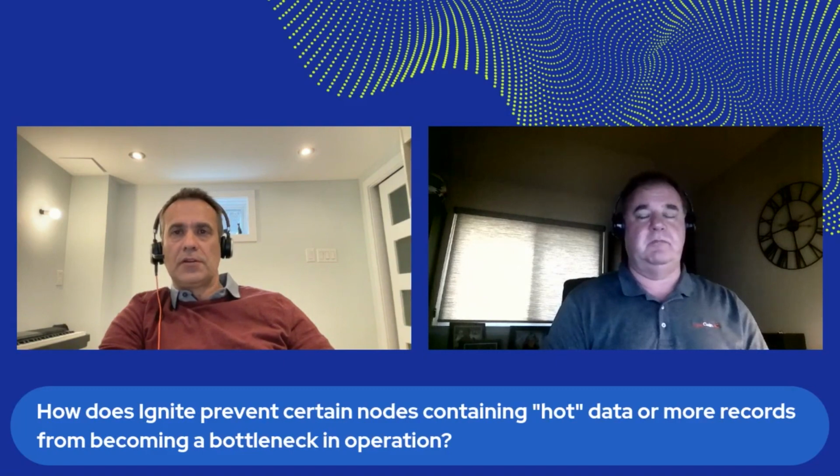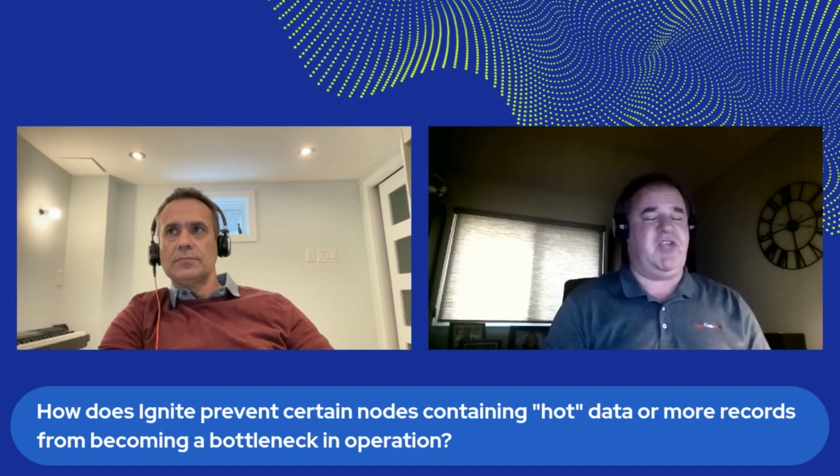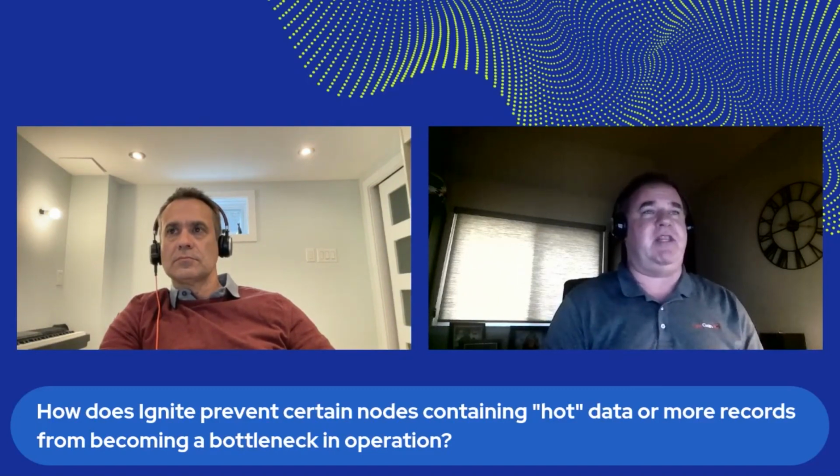Excellent. It's a good answer. So a lot of that comes down to being clever about how you choose the right affinity key. Yeah, and another great example, going back to that question, because I know date-type partitioning is such a common thing.